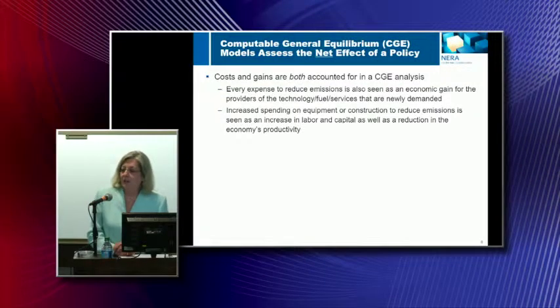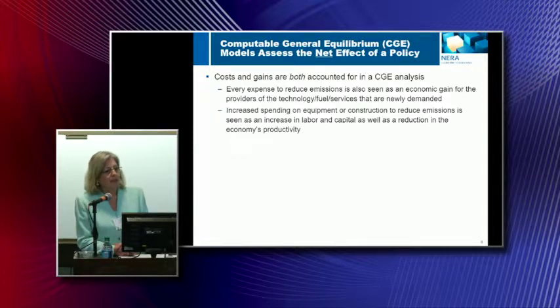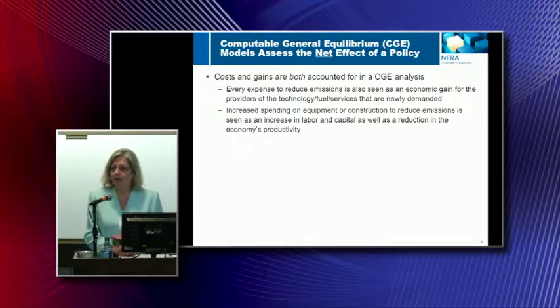And the important thing to know about a CGE model is that these models have to account for both the costs, the spending of the policy, but also the gains, in that anytime a dollar is spent, somebody is being hired or some equipment is being rented, there's economic activity that goes with those costs. And a CGE model makes sure that loop is closed.